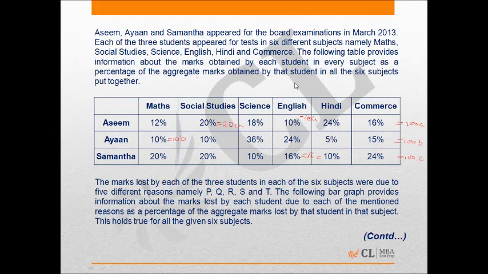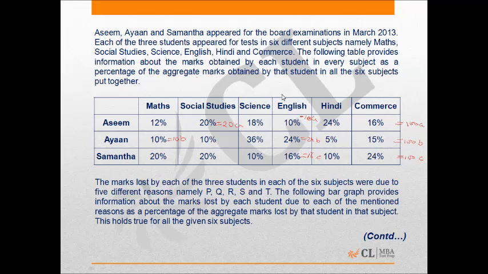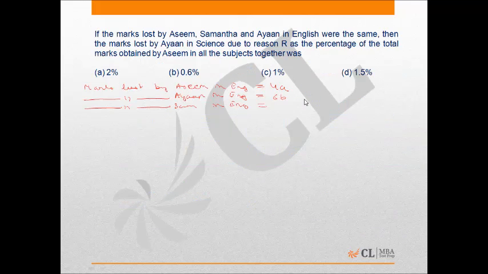Marks obtained by Ayan in English is 24B. That means marks lost by Ayan in English must be 6B, that is 25% of 24B. Next, marks obtained by Samantha in English is 16C, so marks lost by Samantha in English should be 3.2C.